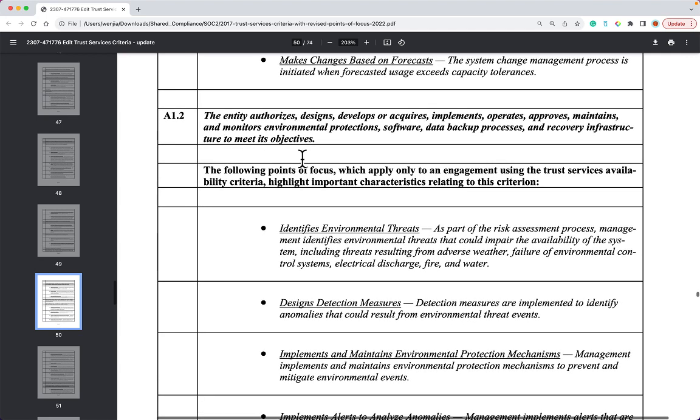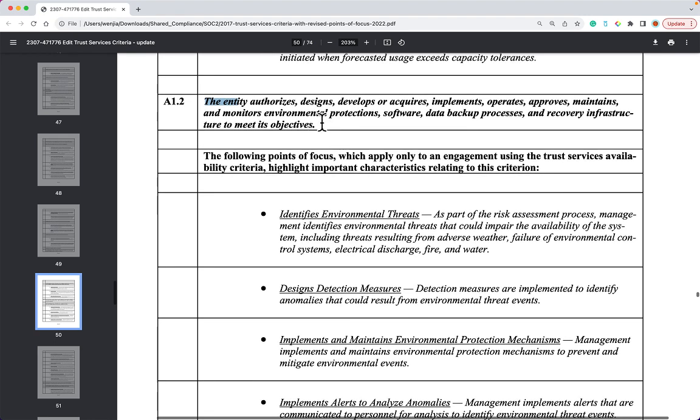A1.2. This principle: the entity authorizes, designs, develops, or acquires, implements, operates, improves, maintains, and monitors environmental protection, software, data backup processes, and recovery infrastructure to meet its objective.